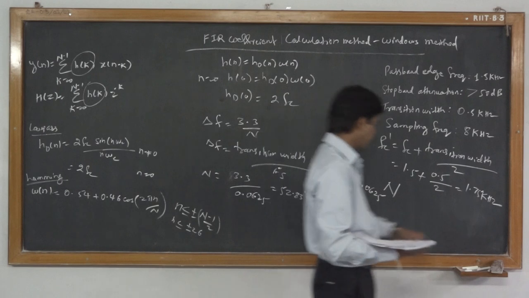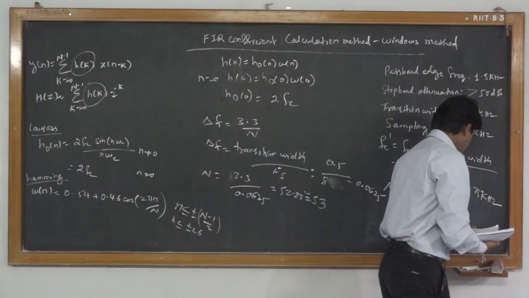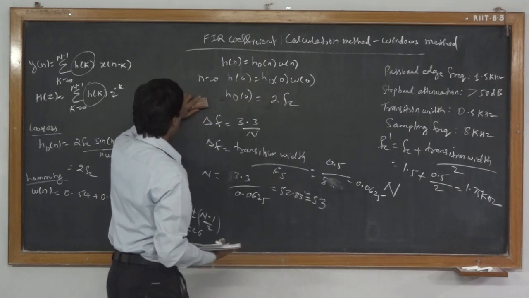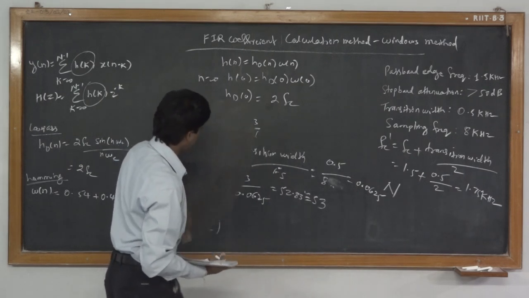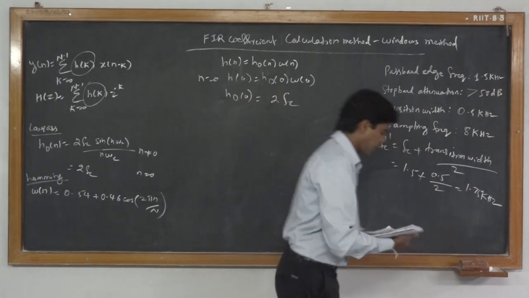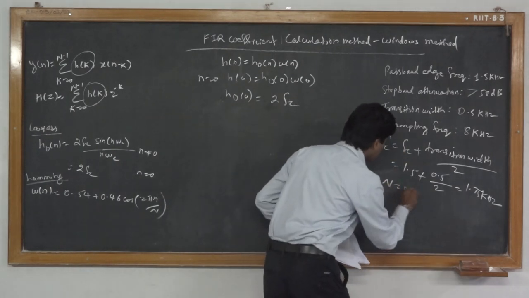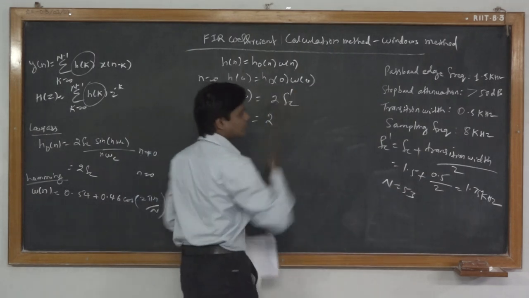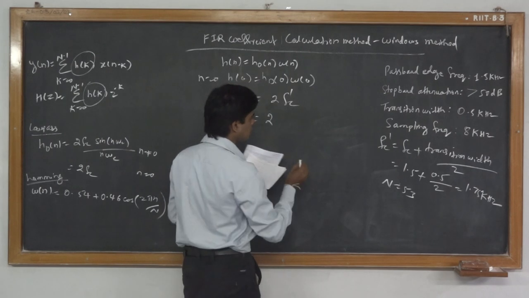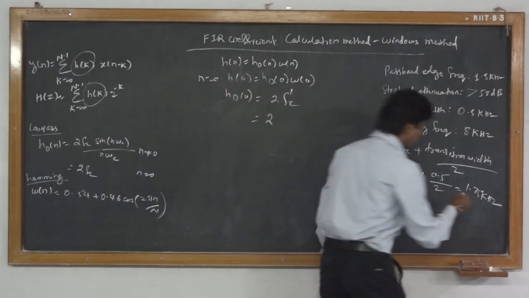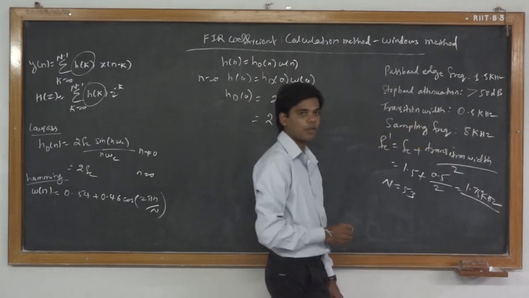So let us go ahead and calculate these values of hd of n and w of n. Whatever the necessary things are, I have already written. N is 53, which I mentioned over here. So now let us come back to 2 times Fc. This is not Fc, but Fc dash, and Fc dash is given by 1.75 kilohertz. But again, Fc dash is not going to be the normal 1.75 kilohertz.